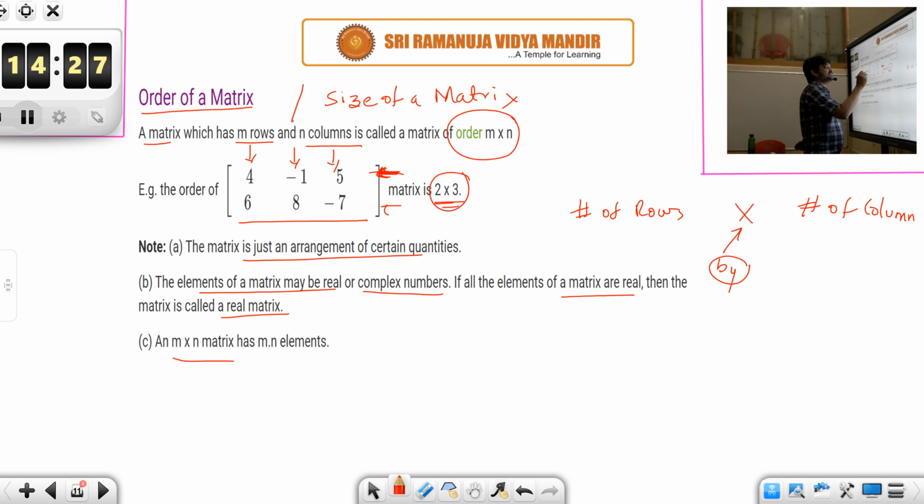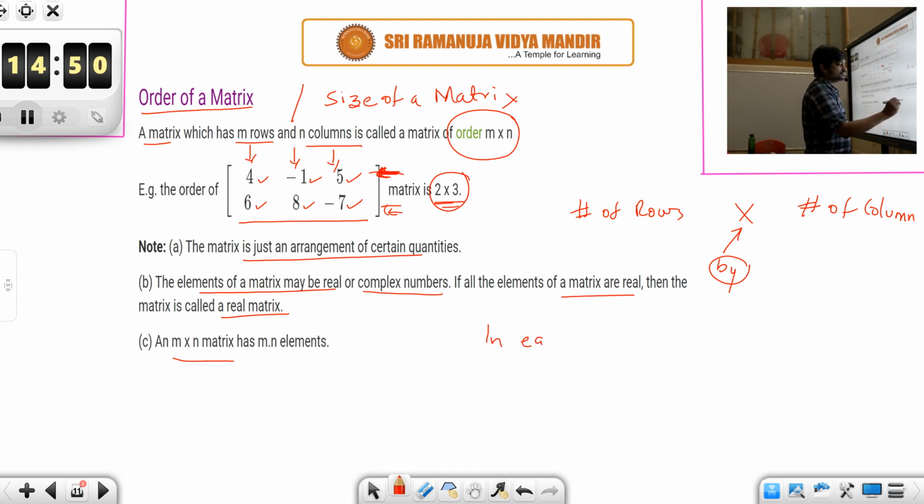In row 1, how many elements are present? 1, 2, 3. In row 2, how many elements are present? Again 1, 2, 3. So in each row, the number of elements equals the number of columns. If there are n columns, in each row there will be n elements.